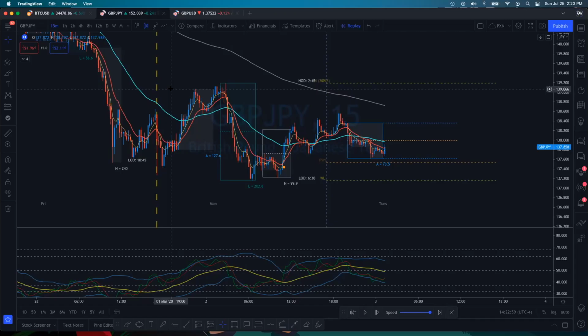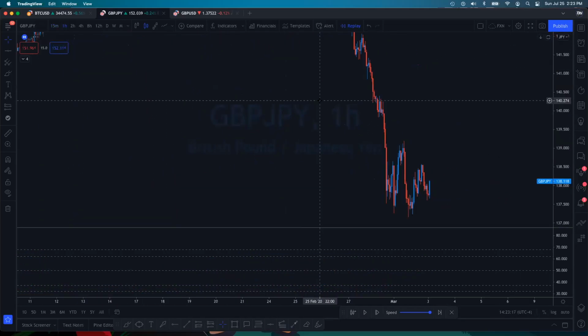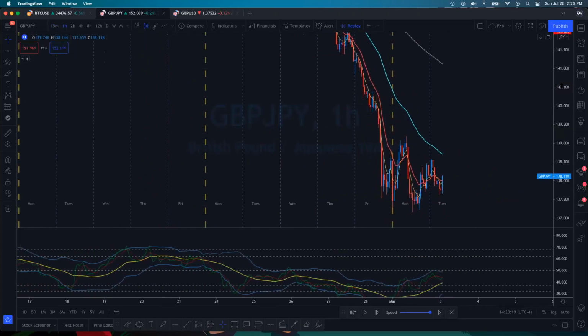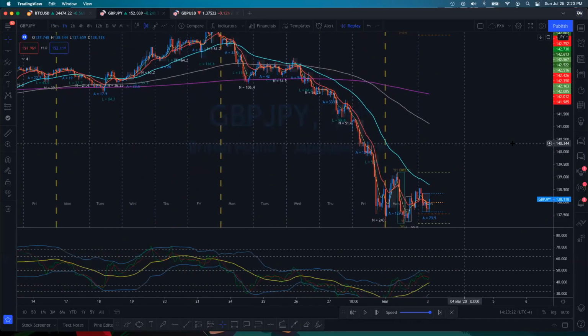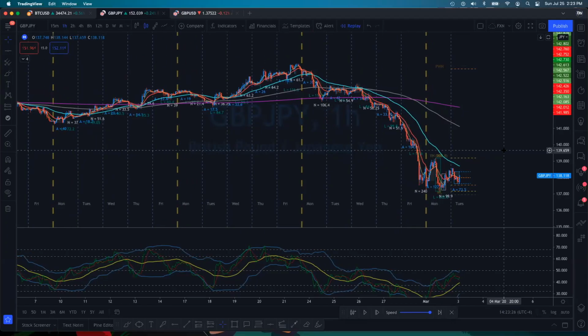Hmm. Well, Sharon, do we have a peak formation low? Did we get a peak formation low yet? We don't have a peak formation low yet. That's confirmed because we don't have a 50-13 cross on the 1 hour.